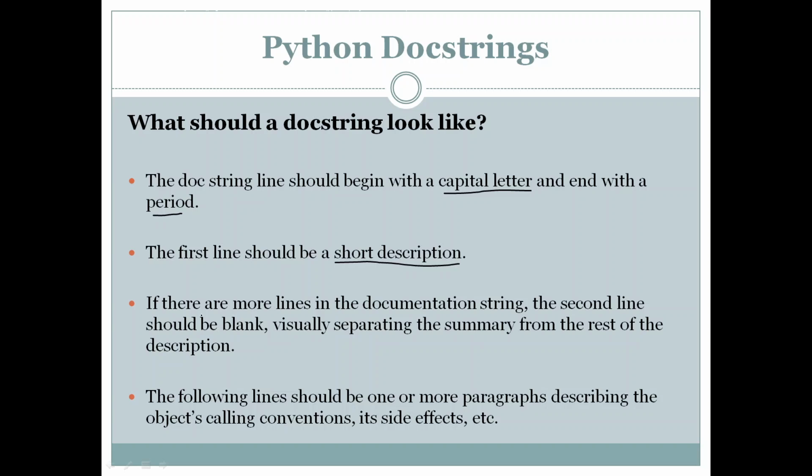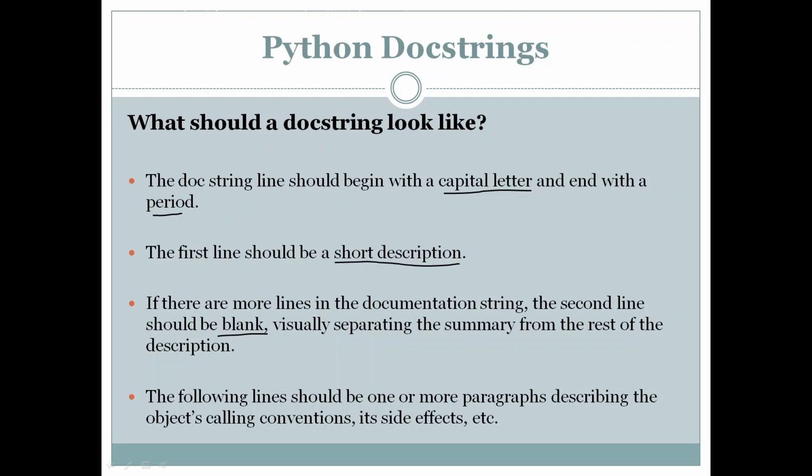If there are more lines in the documentation string, the second line should be blank. The second line should be kept blank, visually separating the summary from the rest of the description.